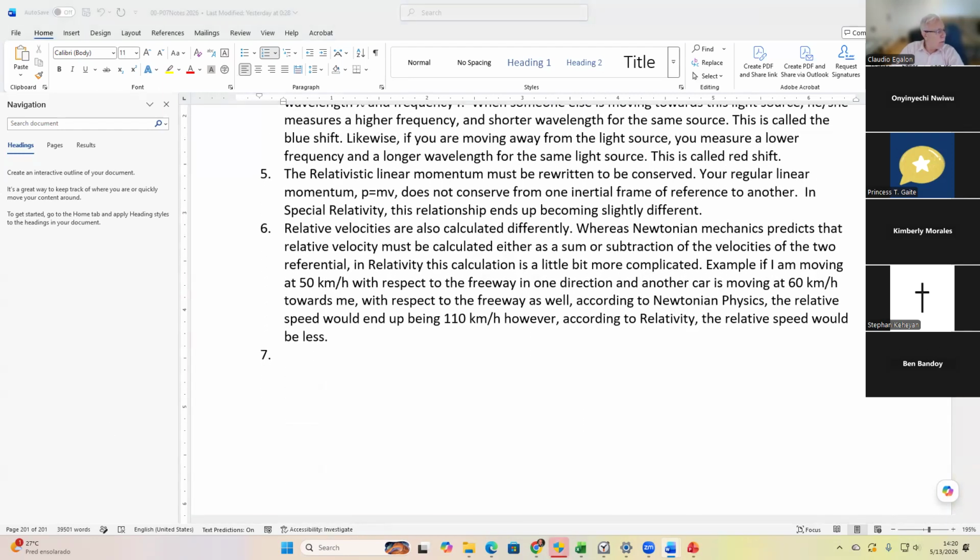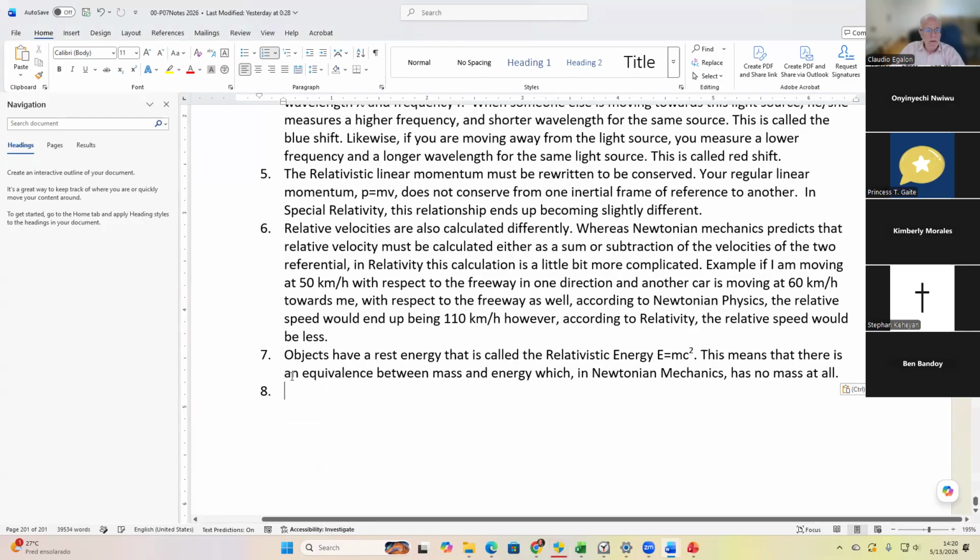And what else here? One more important result that has applications in nuclear physics. It was this very equation that predicts the energy of an atomic bomb. Objects have rest energy. That's called the relativistic energy, E equal to mc squared, Einstein's most famous equation.